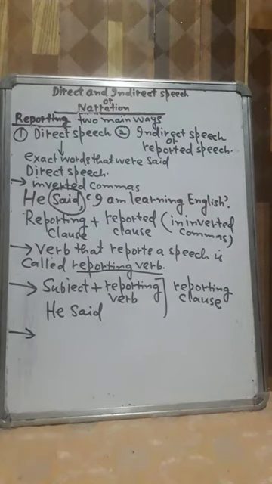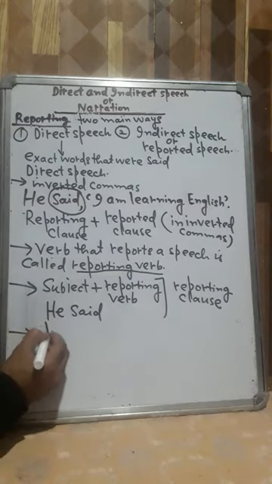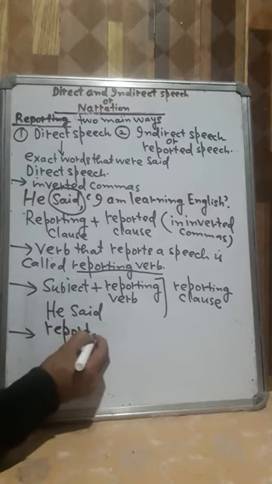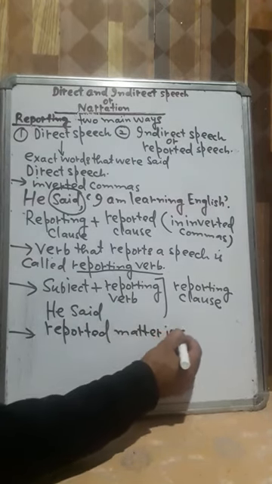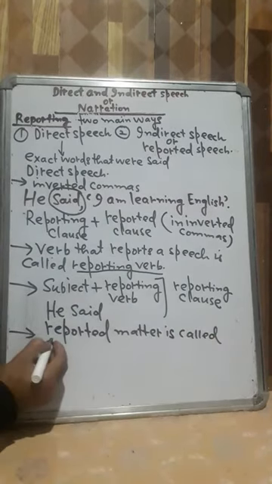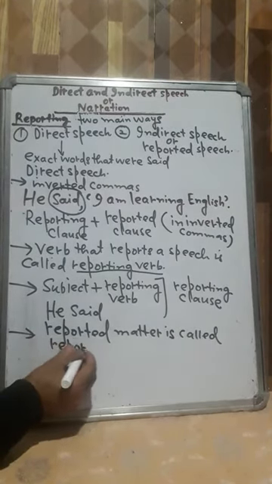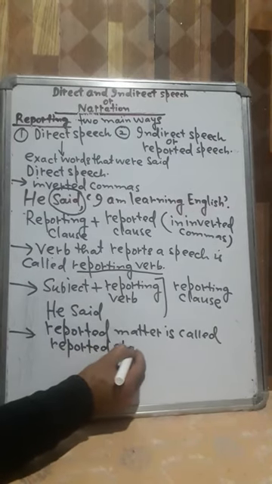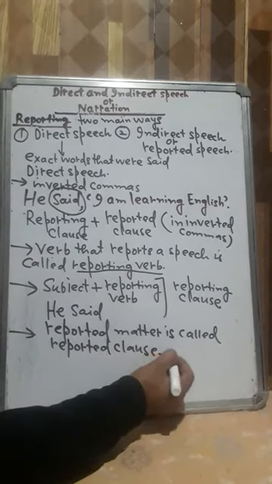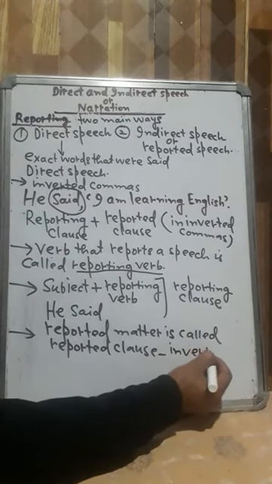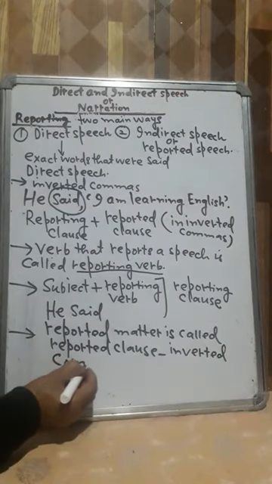The reported matter is called a reported clause. In direct speech, the reported matter is marked off by inverted commas.